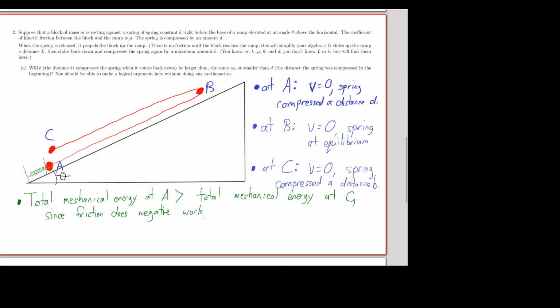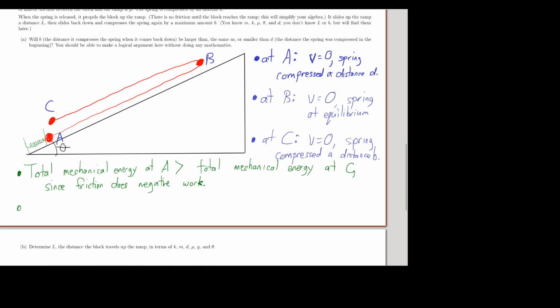And at both A and C, the only mechanical energy is in the compression of the spring. So that means that the elastic potential energy at C is less than the elastic potential energy at A, so b is less than d. One way to think of it is there's some amount of energy at the beginning. Some of it gets lost to friction during the motion, so there's less mechanical energy and thus less compression of the spring at the end.